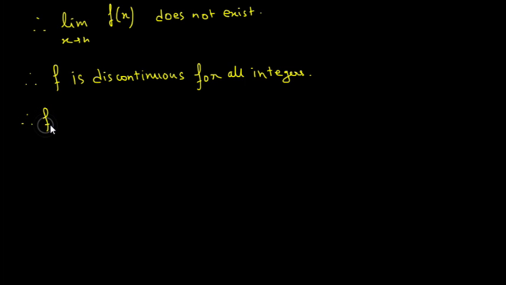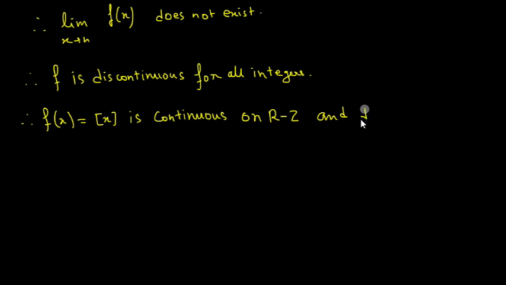Therefore f(x) is equal to the greatest integer of x is continuous on R minus Z and discontinuous for all n element of Z.